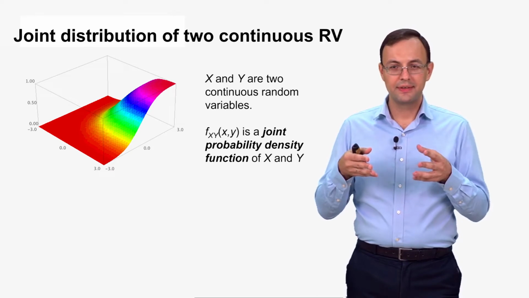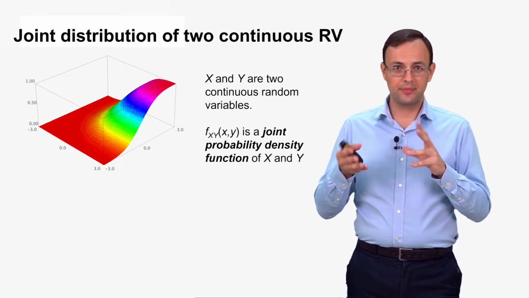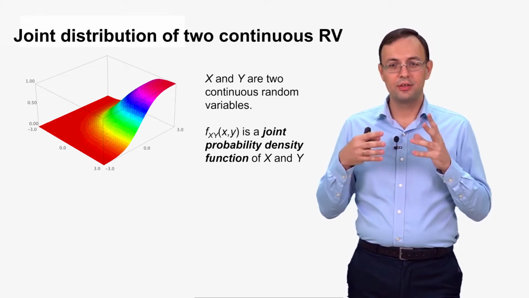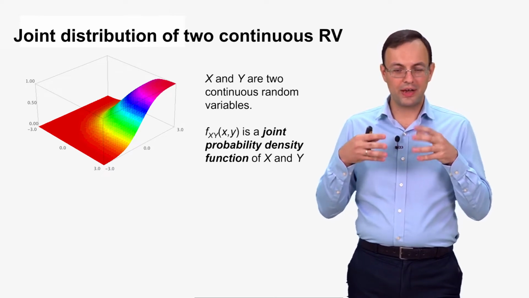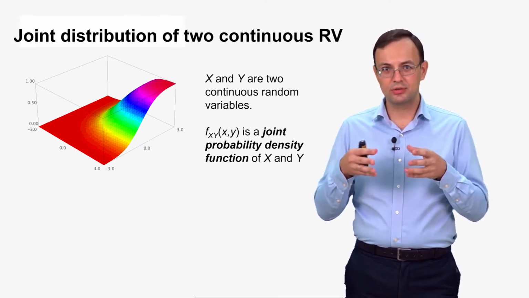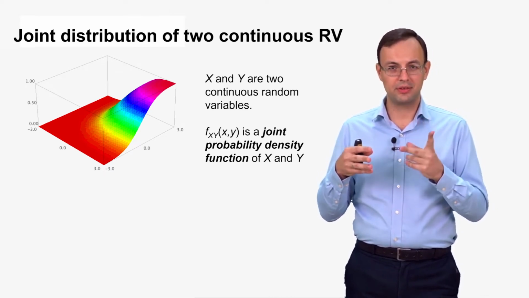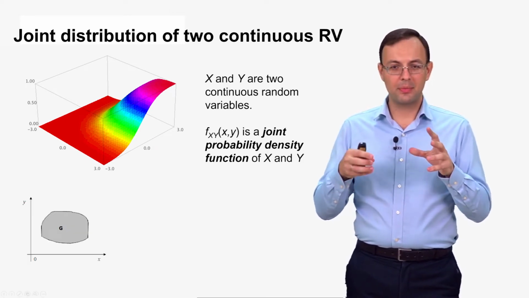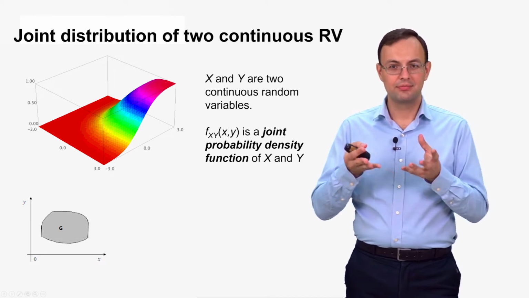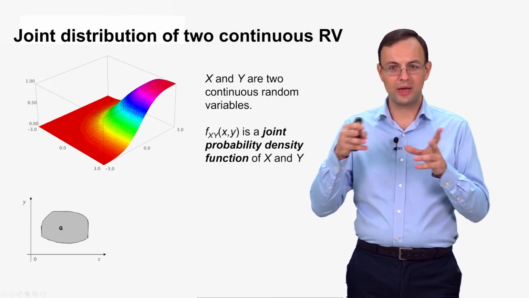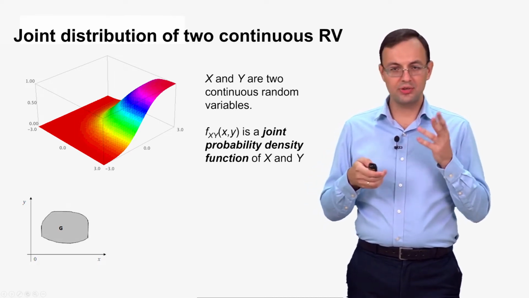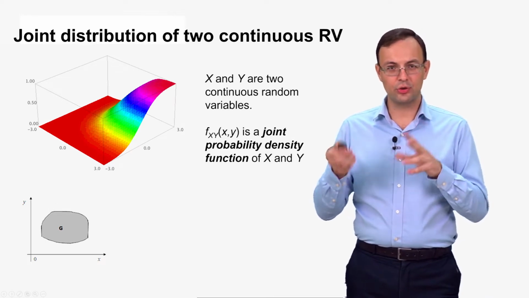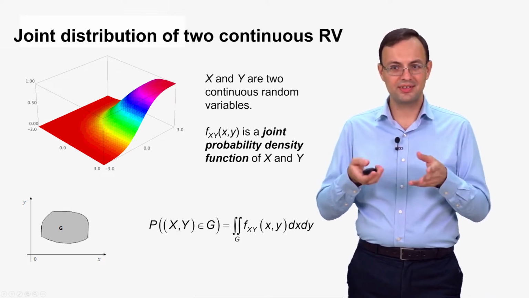And in the two-dimensional case, to find the probability that your pair of numbers will take a value from a set on the xy plane, you integrate their joint PDF over this set.